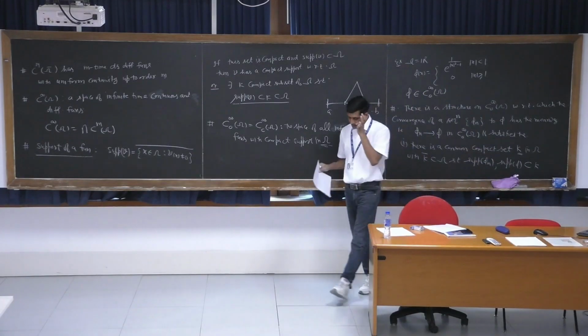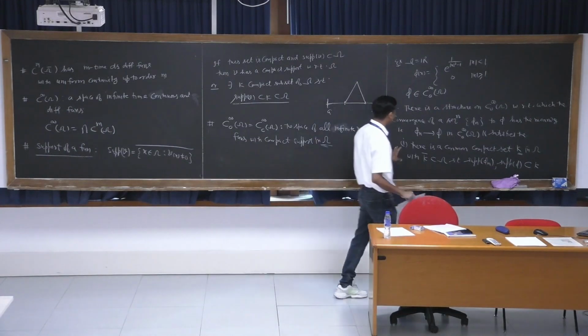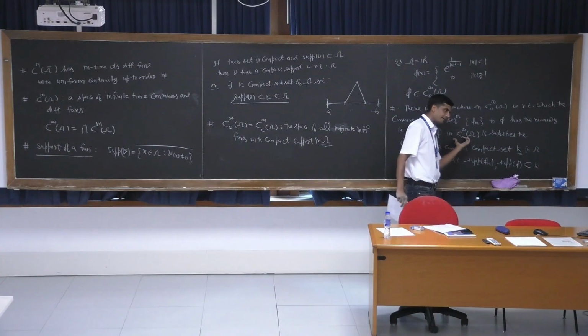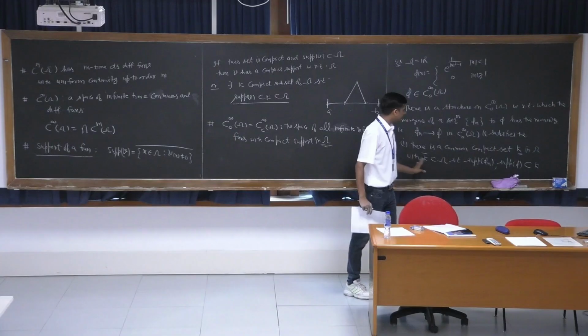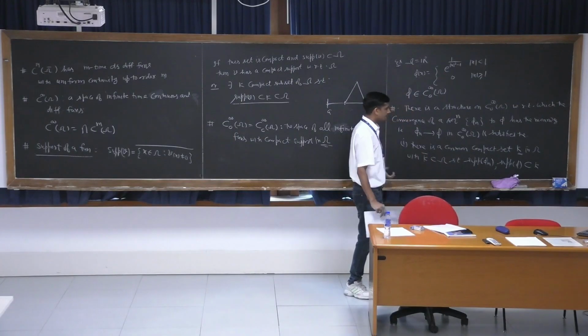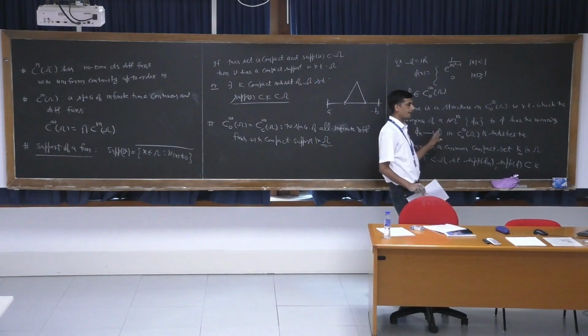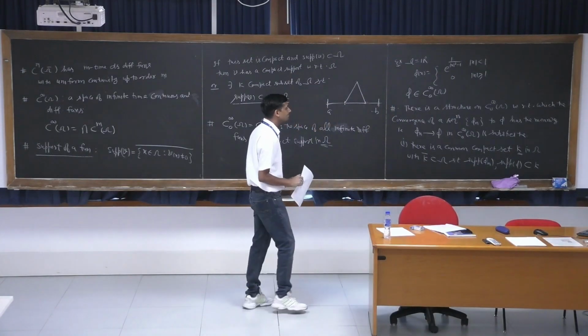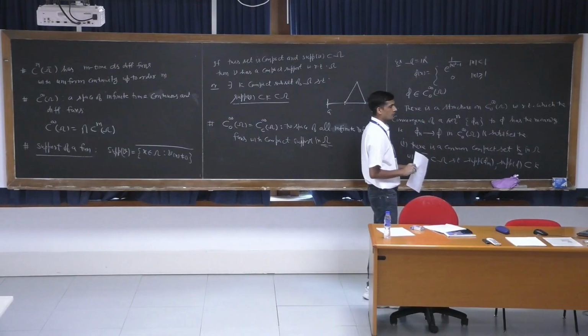I can say that this sequence converges to this function in this space if, first, the support of phi n and the support of phi have a common support.